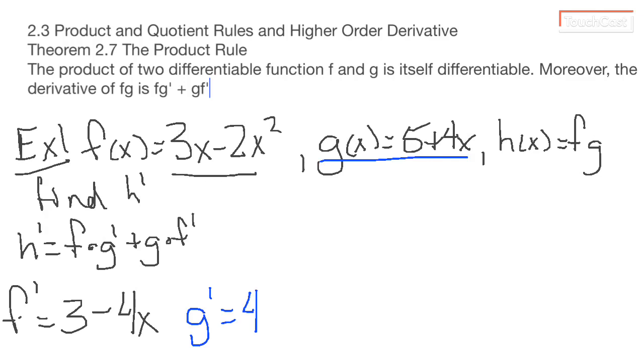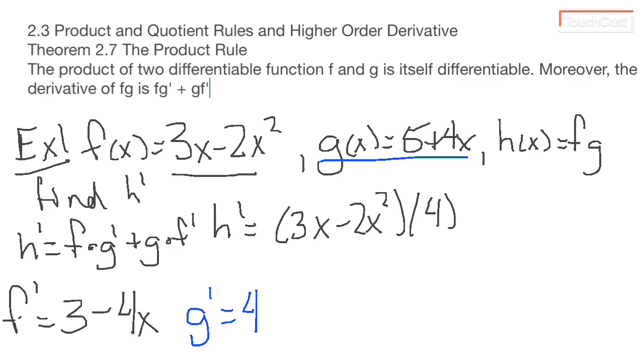We're just going to substitute in the things we now know. H prime is going to be f of x, which is 3x minus 2x squared, times g prime, which is 4, plus g, which we know is 5 plus 4x, times f prime, which we found is 3 minus 4x.